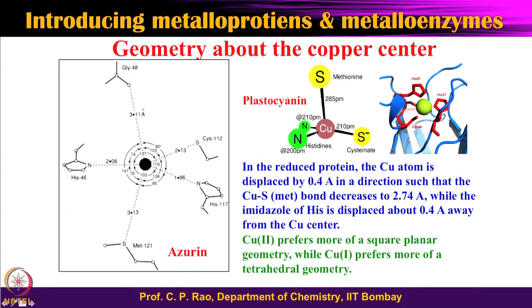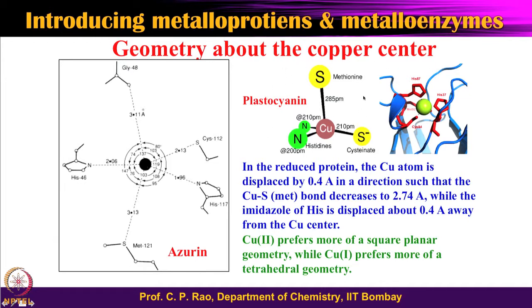When the geometry changes here, this will change the protein conformation. So the protein conformation is coupled with these geometry changes, which are coupled with the copper 1, copper 2 redox. Therefore, protein conformations are very much influential in this.